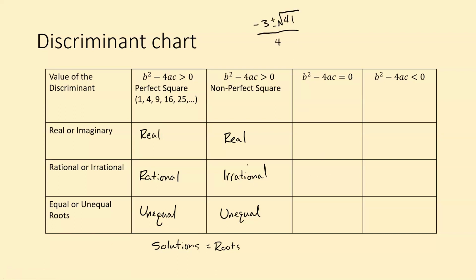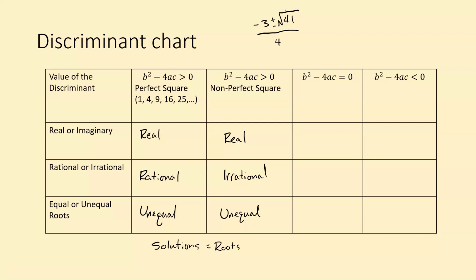An example of one like this would be something like this. If you did your quadratic formula and you get something like this in the end, the 41 here is the discriminant. It's positive and it's not a perfect square, so it's not going to simplify any further than that. So these are still real solutions, real numbers, but they are irrational. If you plug this into your calculator, you're going to get decimals that go on forever, so they are irrational.